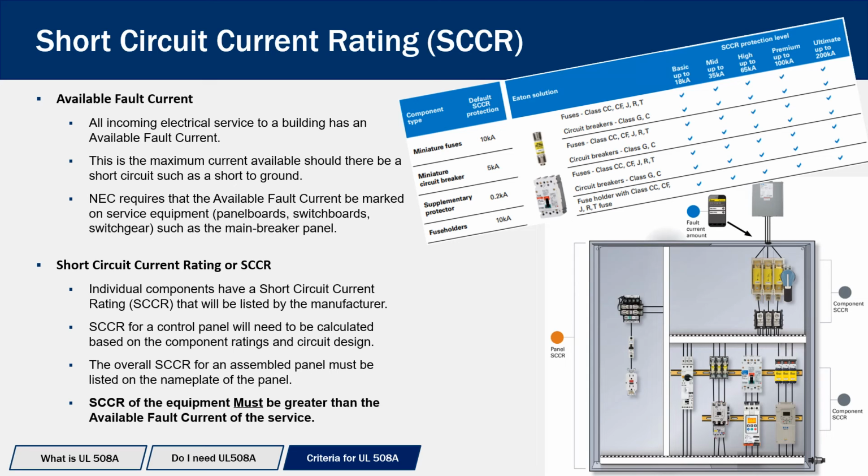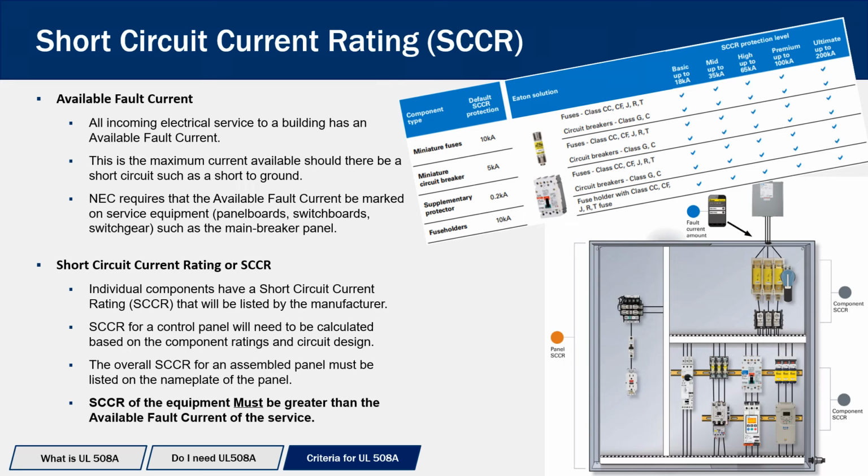Sometimes it's listed right on the component. Sometimes you have to look it up in a data sheet, but there will be an SCCR assigned to any of those components that go in that panel. So the SCCR for that panel will then need to be calculated based on those component ratings and your circuit design or circuit layout.